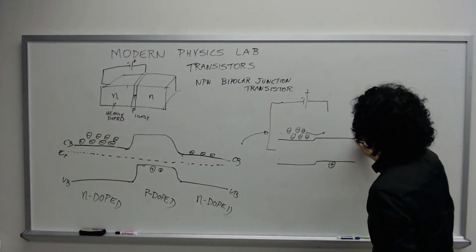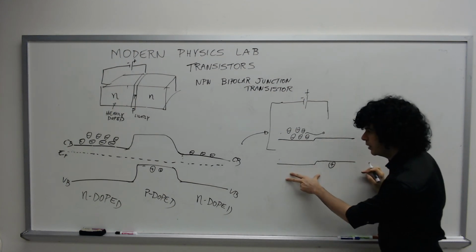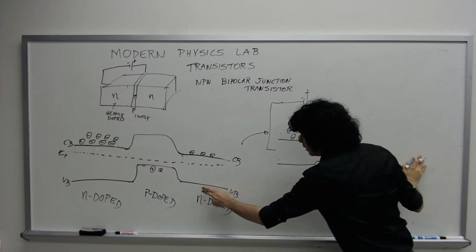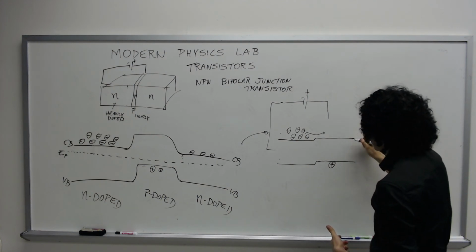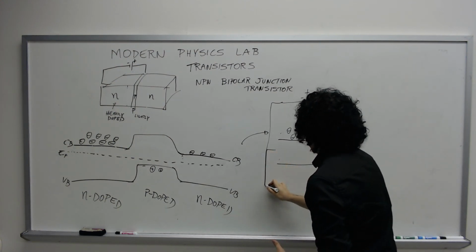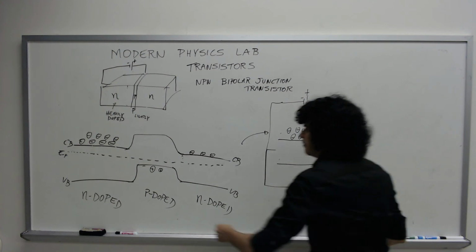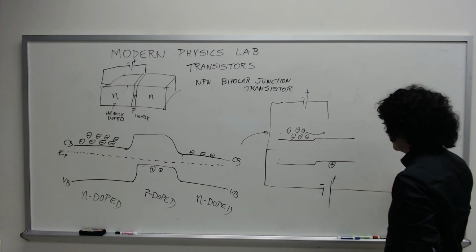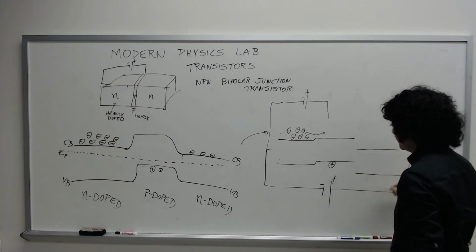So this will be like a diode configuration, but I also have the third extrinsic semiconductor. Now if I apply a voltage or bias between this and this, I get this configuration here.